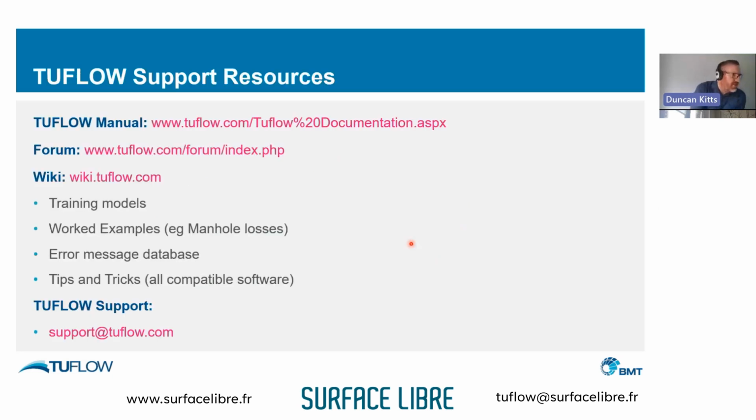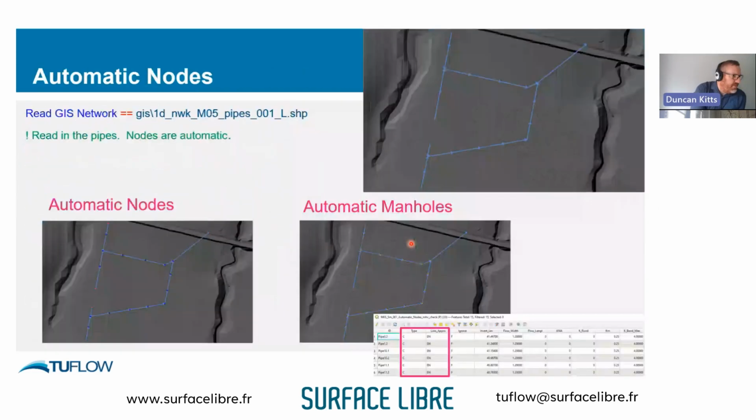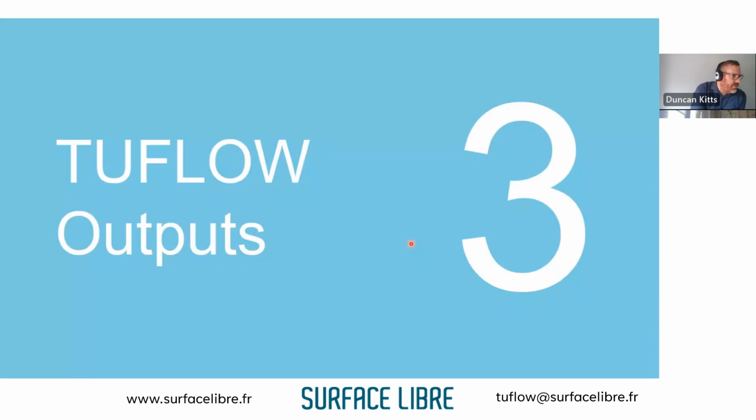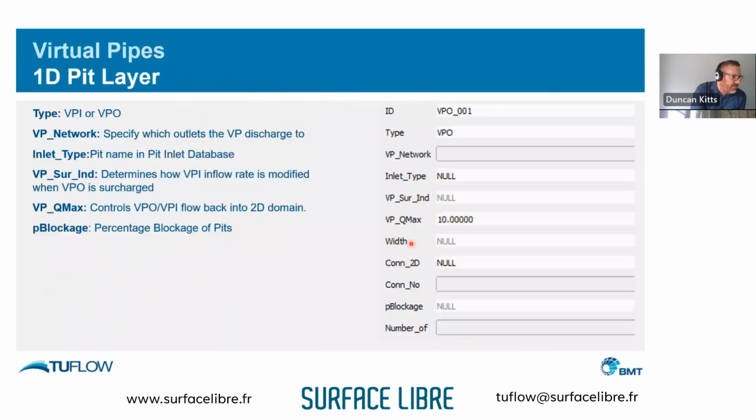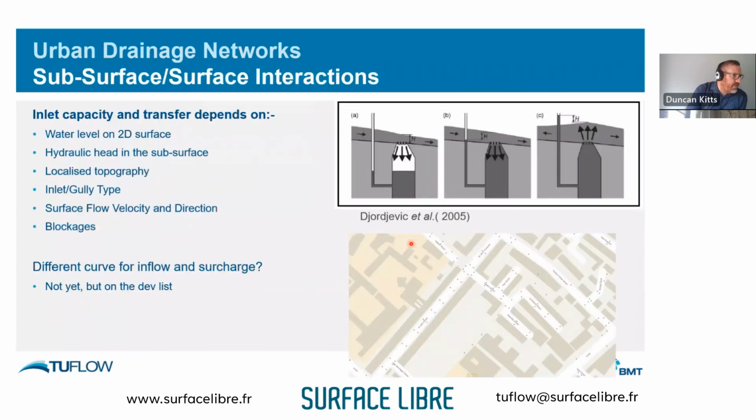The one thing I did jump over very quickly, and I said I'd get back to, was this: at the moment, where you specify a depth discharge relationship or a C type or an R type or W type, it's not possible to have different approaches for the inflow.